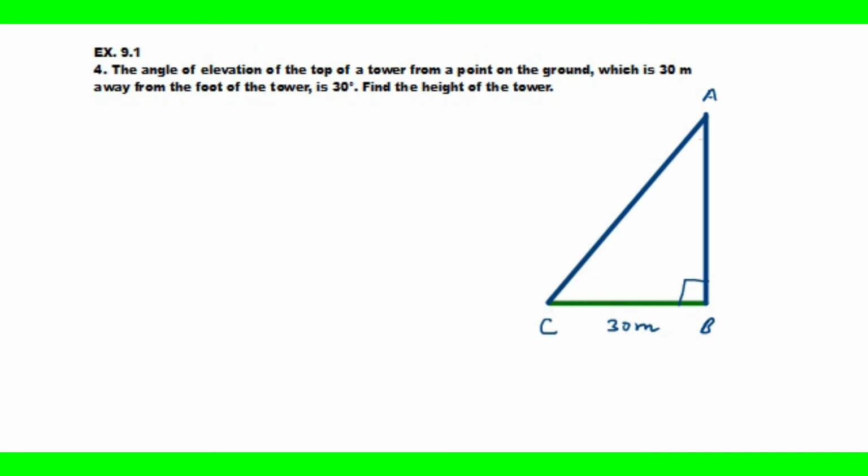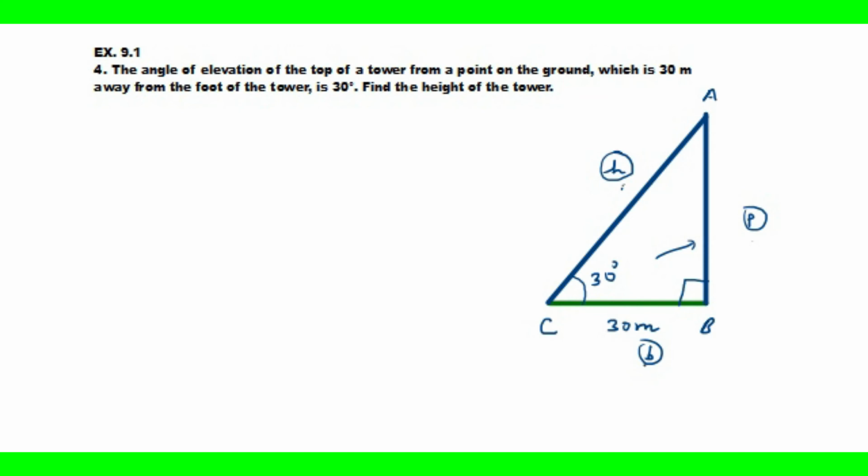The angle formed here, the elevation, is 30 degree. Now for this angle, this side is the perpendicular, this side is the base, and this is the hypotenuse. You are not required to write this, I am only writing to make you understand.